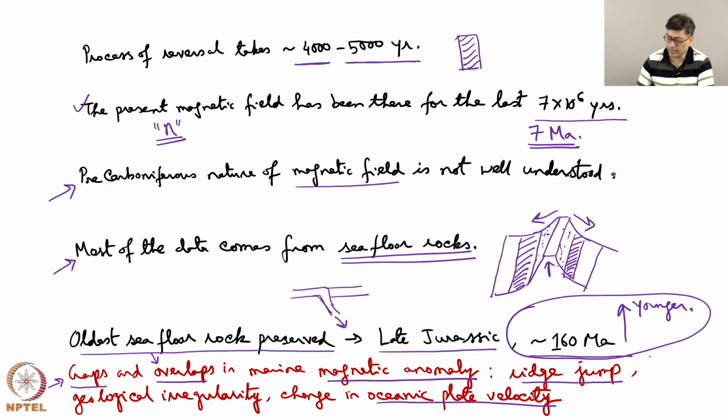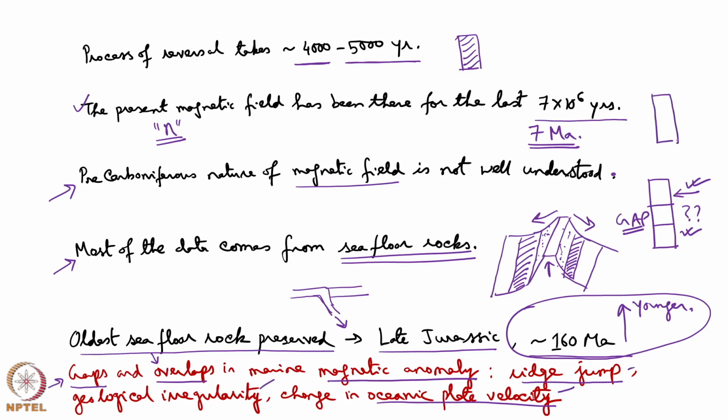Because of these, while we are preparing the magnetostratigraphic column, we may get good information over here, we have no information over there. So, this is a gap, and then again good information. So, this is a zone of gap, or it may be possible because of these complications, ridge jump, geological irregularity or oceanic plate velocity change, that we prepared a good amount of information from here, and then again from another rock sample we get data for this place.